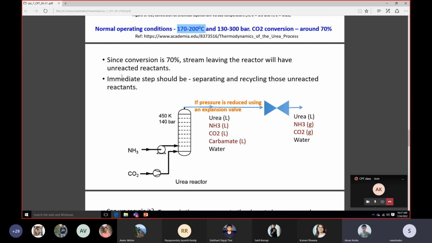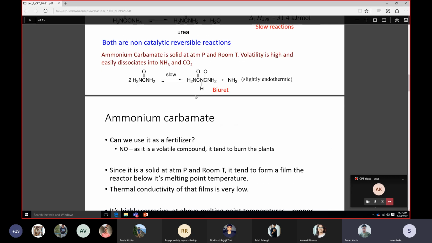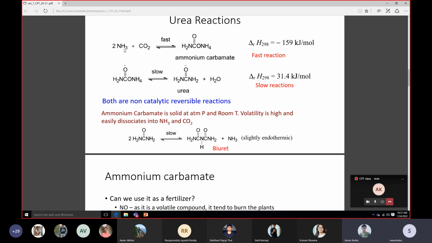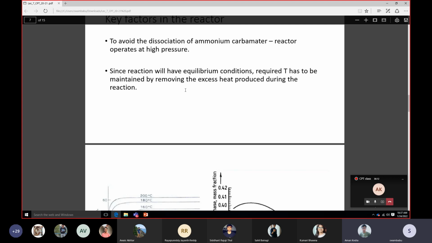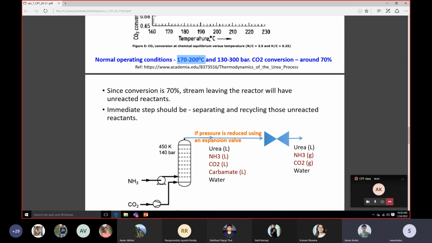Now, as we can see, this is a non-catalytic reaction. This is a liquid phase reaction. Ammonia and CO2 are liquefied before we send them to the reactor. What reactor can be used? Can anyone guess?